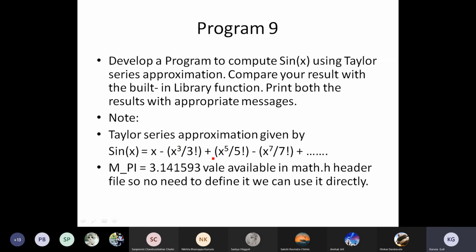What is the Taylor series talking about? If you look at the Taylor series, how do you write it? Is this the Taylor series?